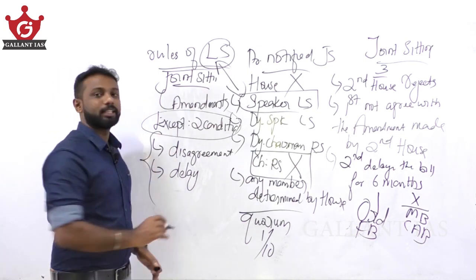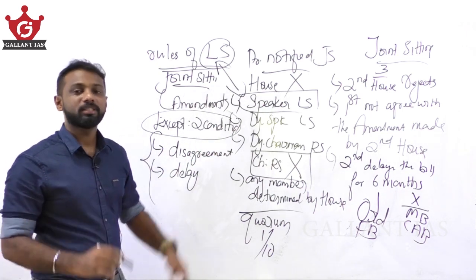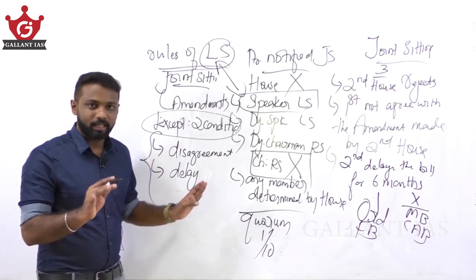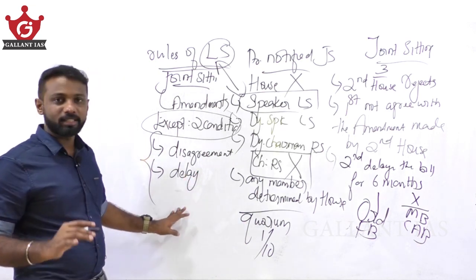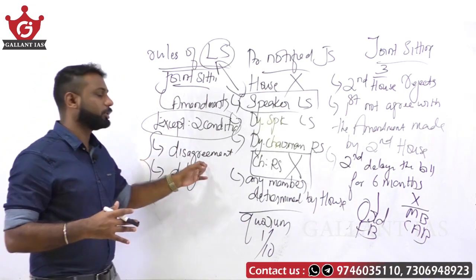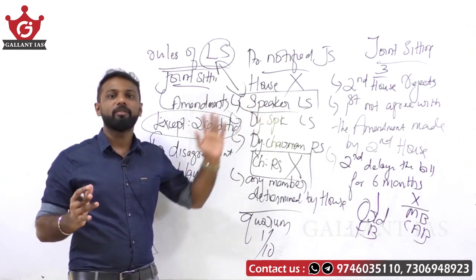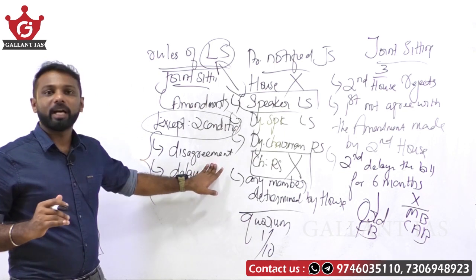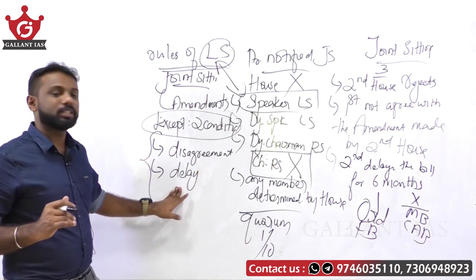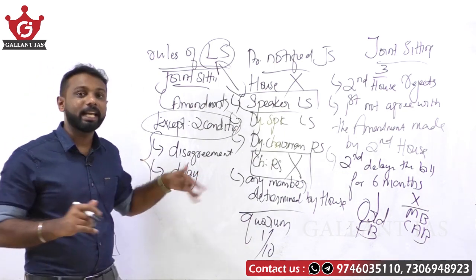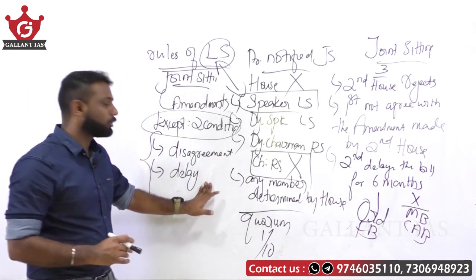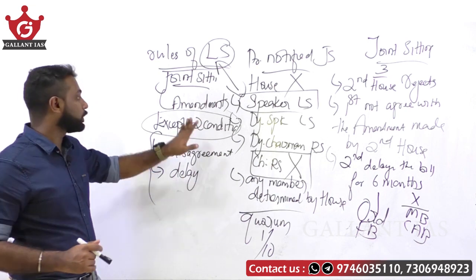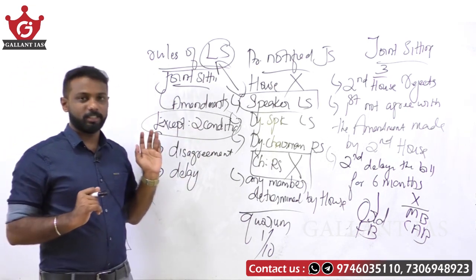Except for these two conditions, amendments to other provisions are not possible during a joint sitting. Some provisions might have caused disagreement between both the houses; then only do we call for a joint sitting. So those disagreement clauses can be amended, or some clauses that caused delay in passing the bill can also be amended. Except for these two conditions, amendments are not possible.